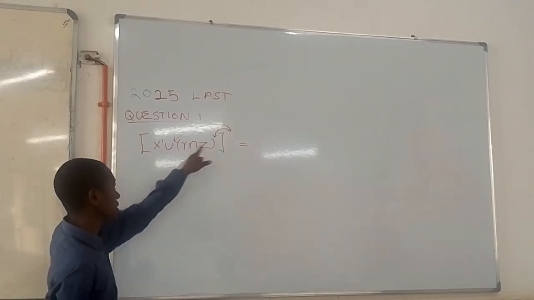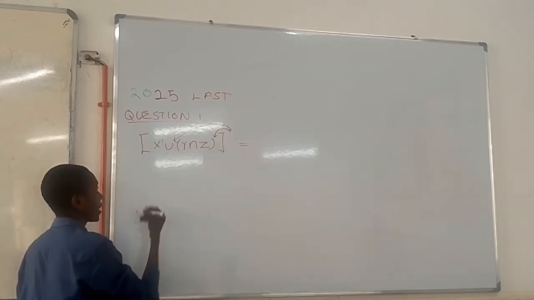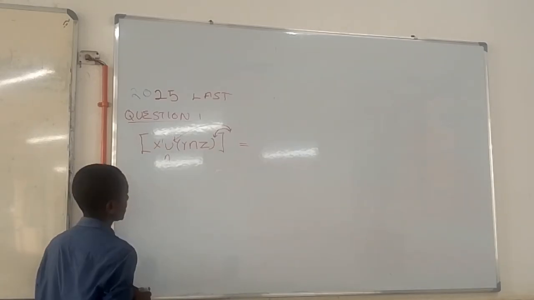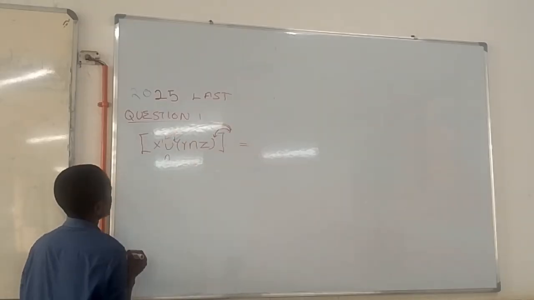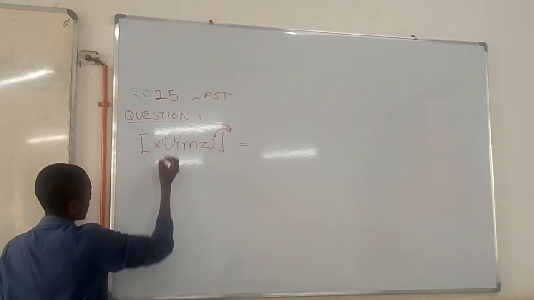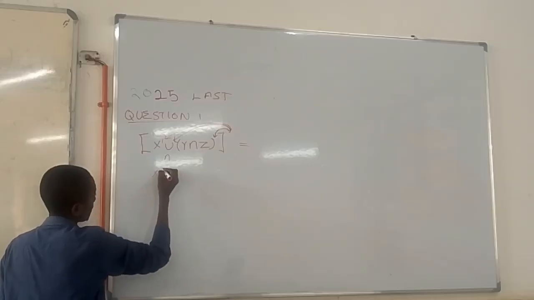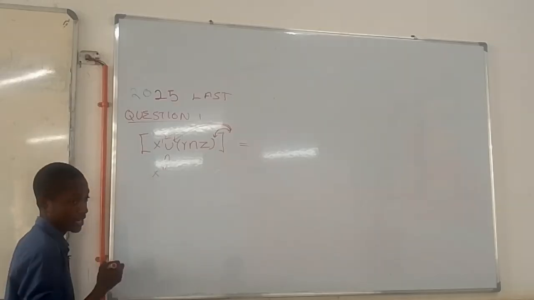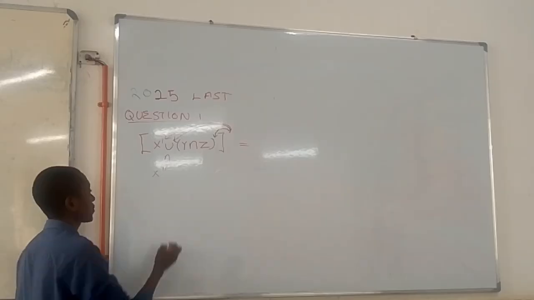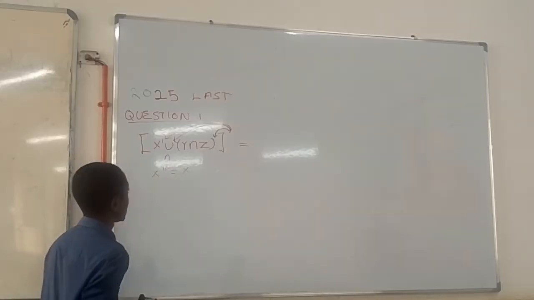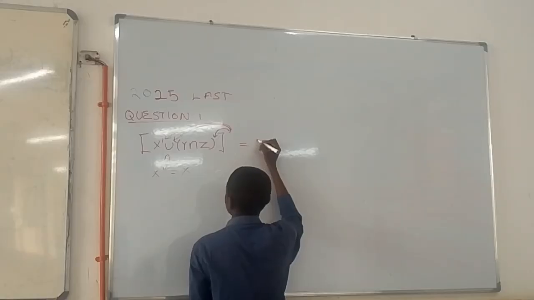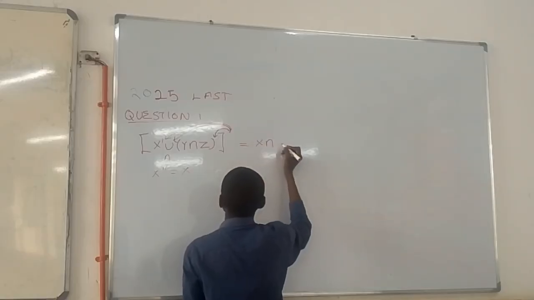If a complement interacts with the union, it becomes what? An intersection. And again it will jump and interact with the x complement. And we know that x complement is just what? X.